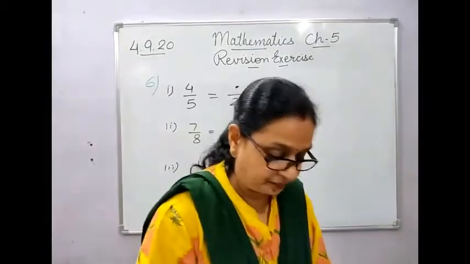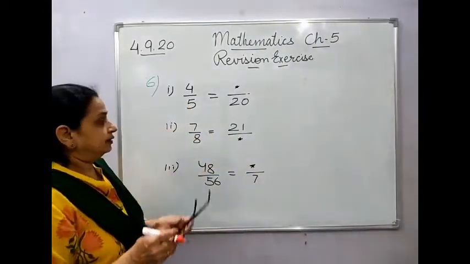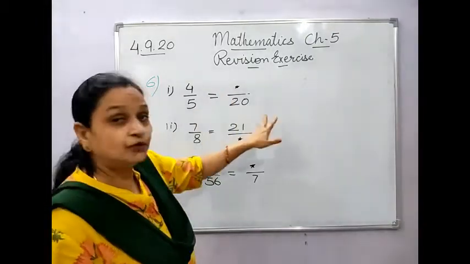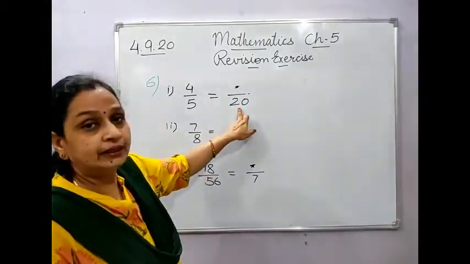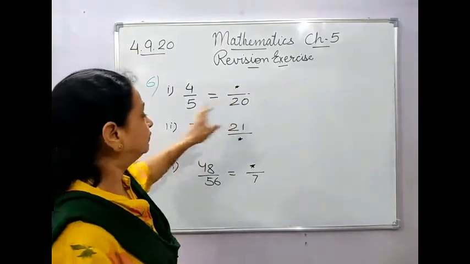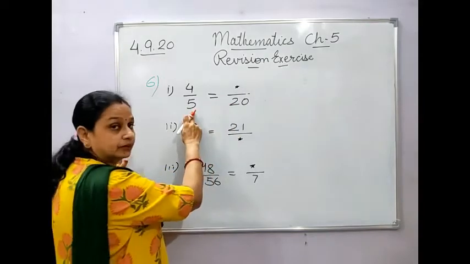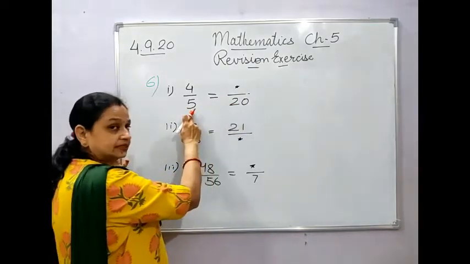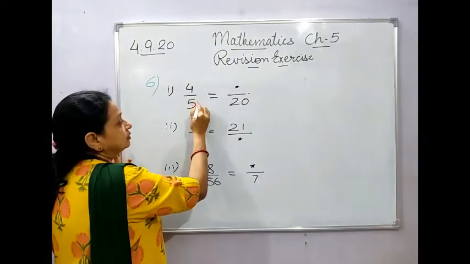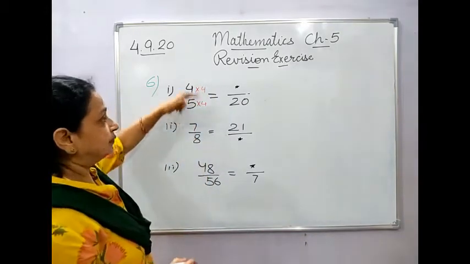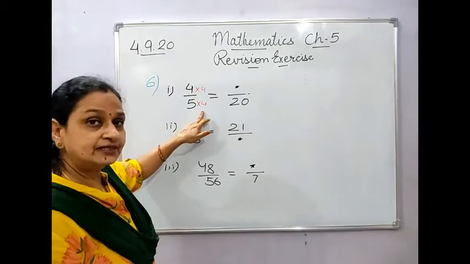Now see here, they have given the fraction, they have asked. Now you have to make an equivalent fraction with denominator 20. So what you will do, you will see where does 20 come in the table of 5? Because this is greater than this. So you will multiply. 5 4s are 20, and in an equivalent fraction, we multiply numerator and denominator with the same number.